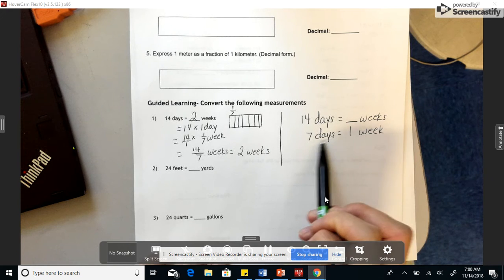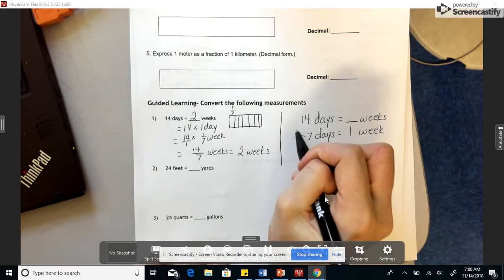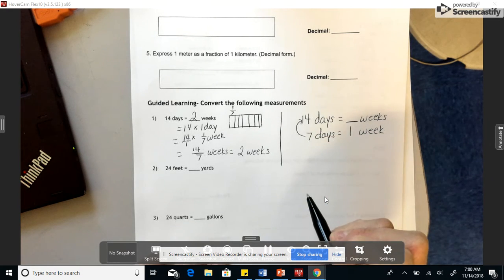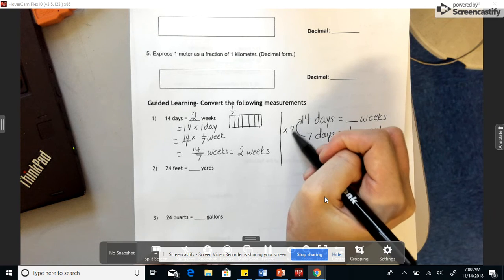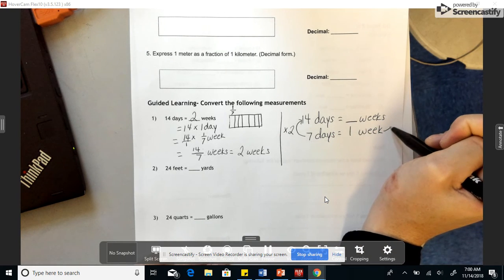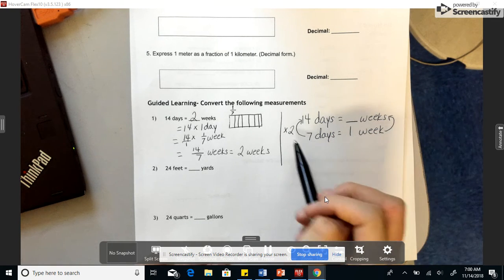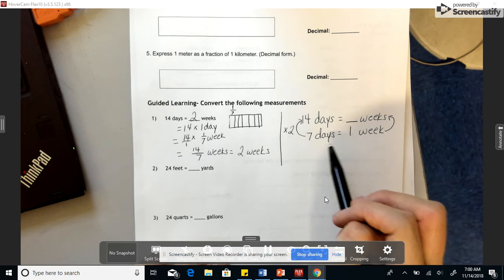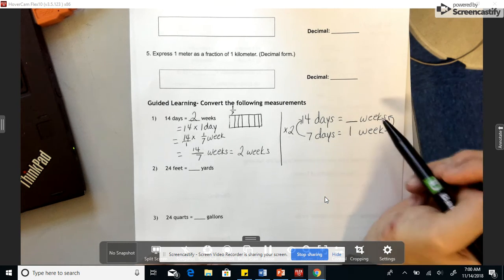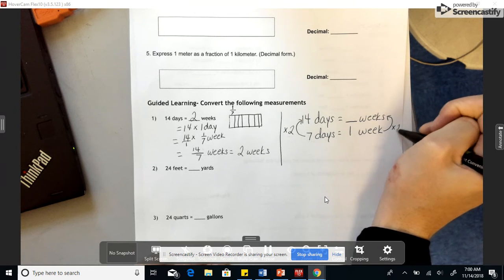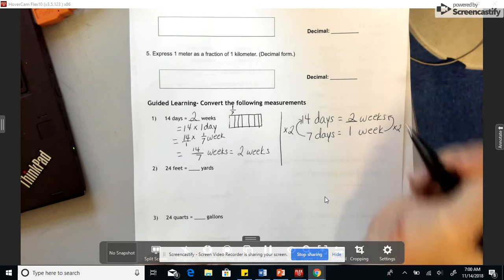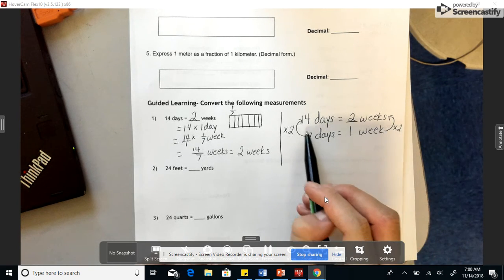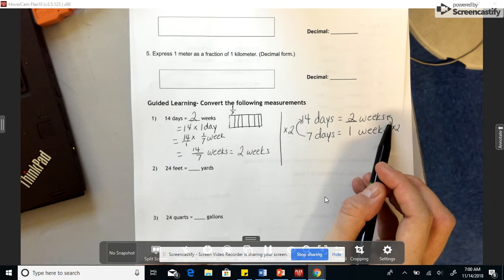If I had 7 days and now I have 14 days, I multiplied by 2. I can do the same for here, because whatever I did on this side, I want to do on the other. So 7 times 2 is 14. 1 times 2 is going to be 2 weeks. So I know in 14 days, there are 2 weeks.